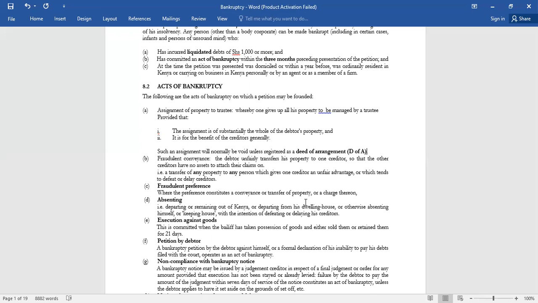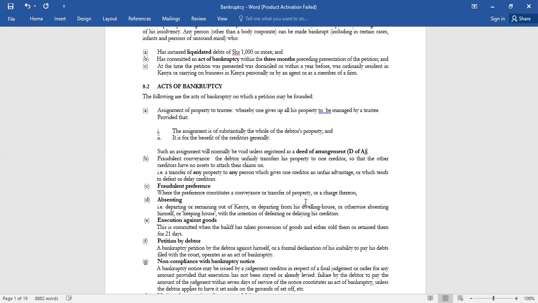Yeah? Then execution against goods. And this is committed when the bailiff, or the one who is given the powers to come and take over the assets or recover, has taken possession of goods and either sold them or retained them for 21 days. In other words, if you owe me and I come and try to recover my debt, within a period or duration of 21 days, you're supposed to have presented yourself and organized a repayment agreement.